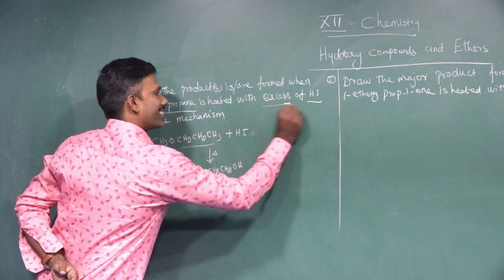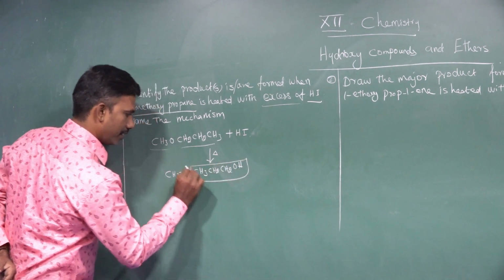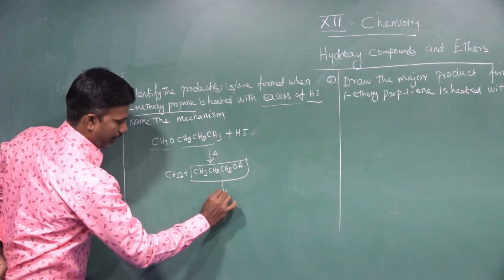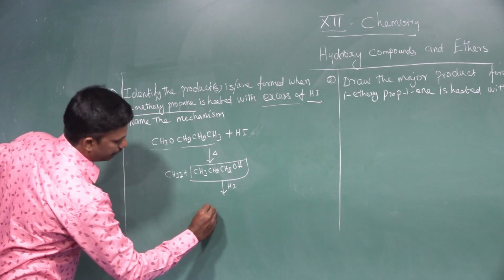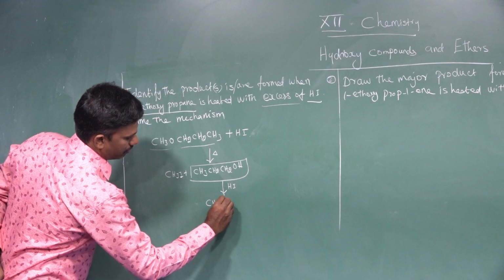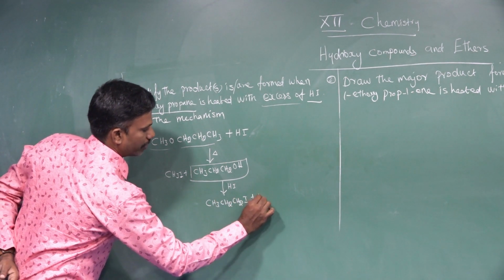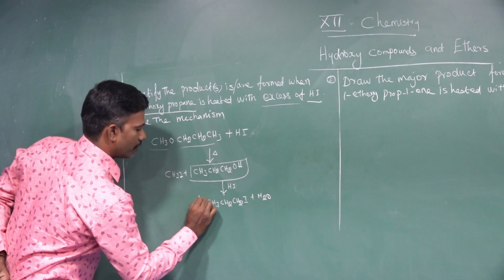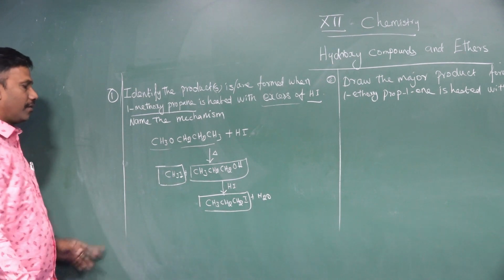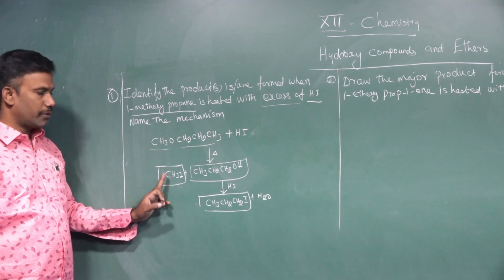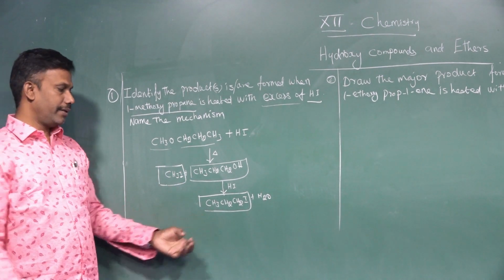Since you are taking excess of HI, this product will be treated with the remaining excess of HI. Further it will give CH3CH2CH2I plus water. So these are the two products. See what happened? All the alkyl groups present in the ether are converted to iodide, methyl iodide and propyl iodide. Both become iodide, and water.